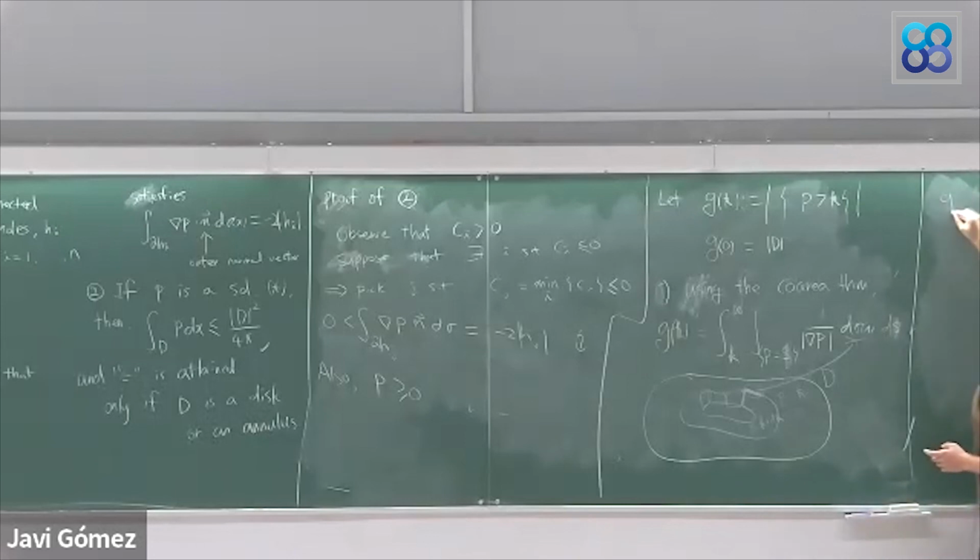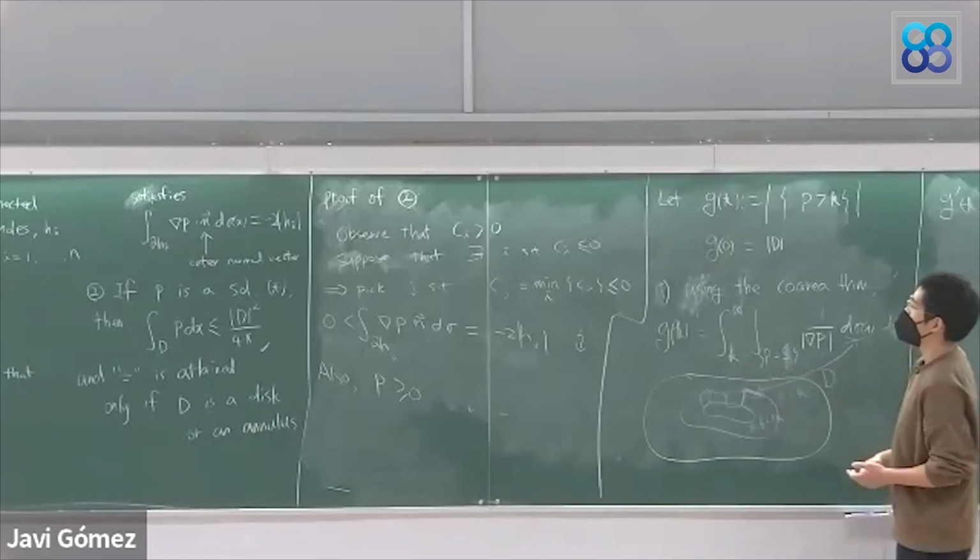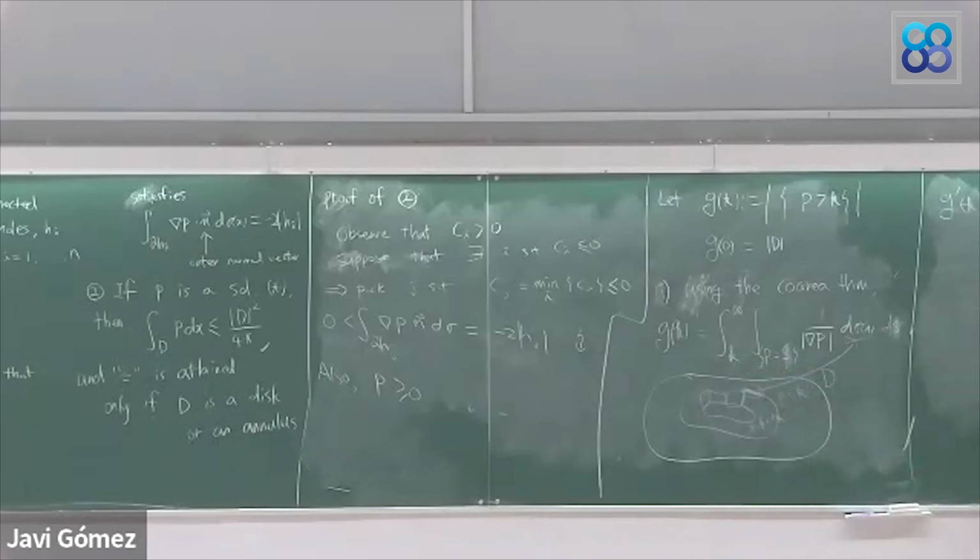And so we just take the derivative in K. It's going to be a negative surface integral, because K is down here, so we get the negative sign.